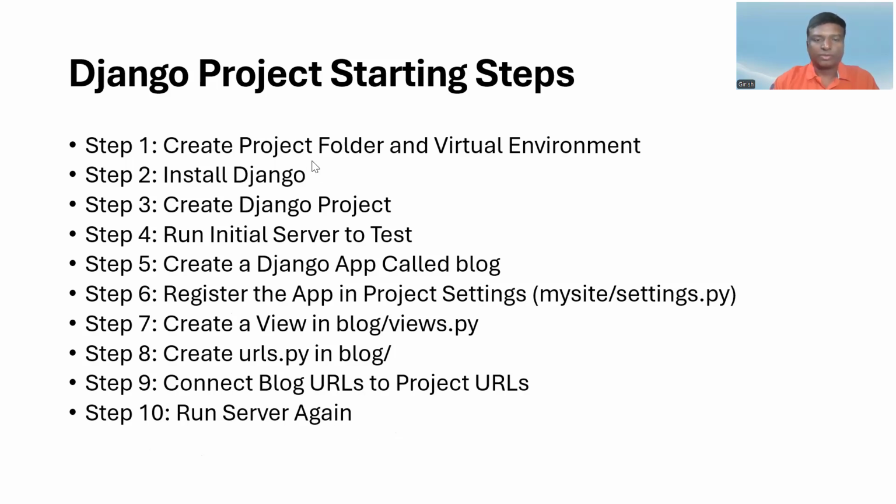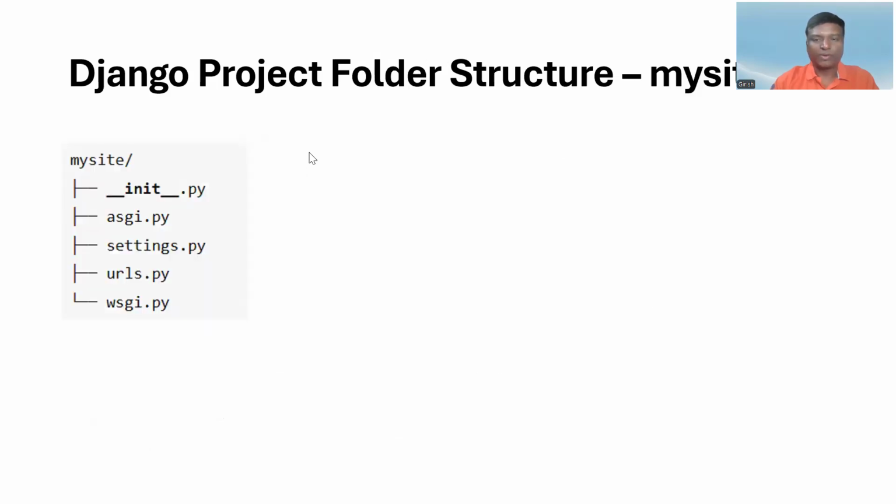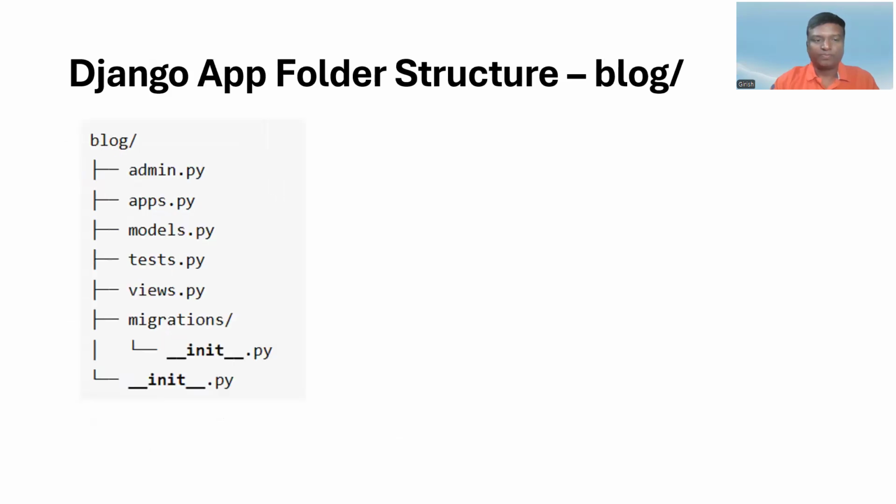Once the project is created, let's say the project name is mysite, the folder structure initially looks like this. There are different files, but for now, don't worry about this. In the subsequent episodes, I'll explain all these files in detail. When you create the Django web app, the folder structure will look like this: admin, apps.py, models.py, tests.py, urls.py, views.py.